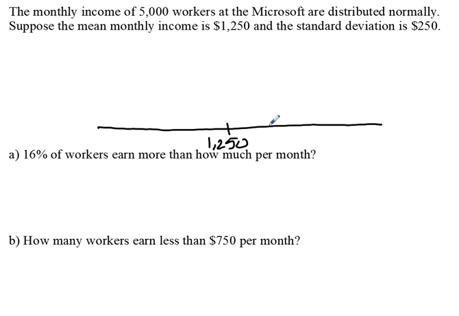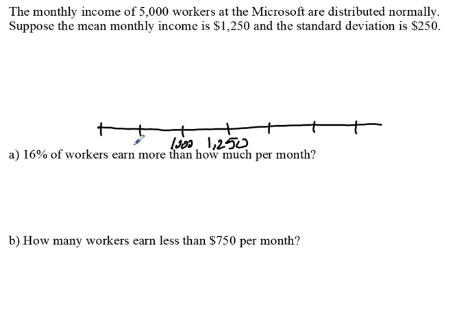1,250. I then am going to add my standard deviation once, twice, 3 times. I'm also going to subtract it once, twice, 3 times. So if I take 1,250 and I subtract 250, I end up with 1,000.